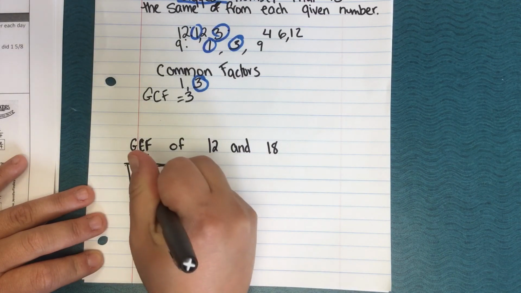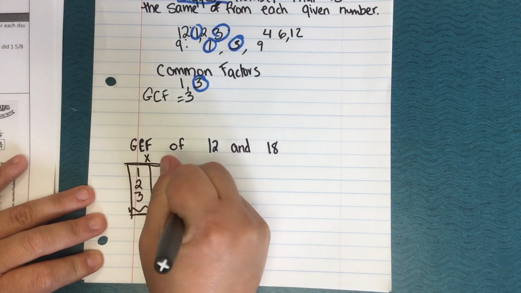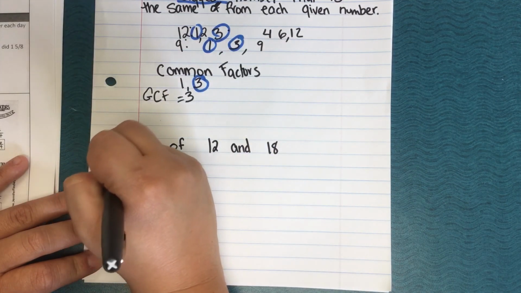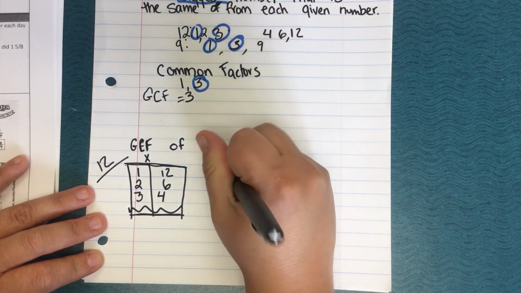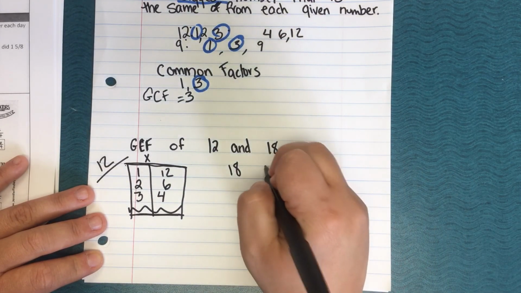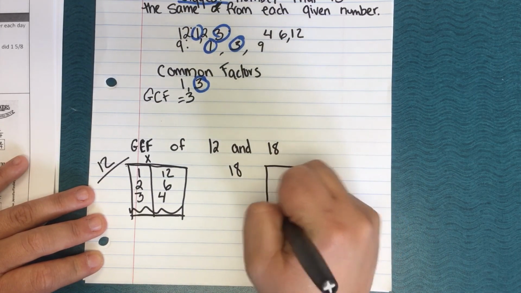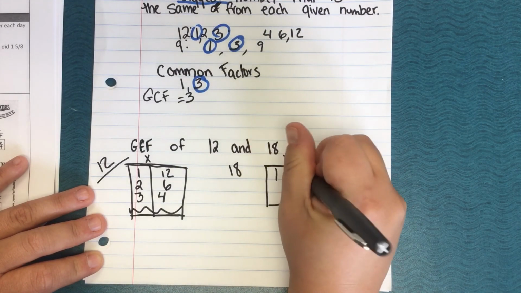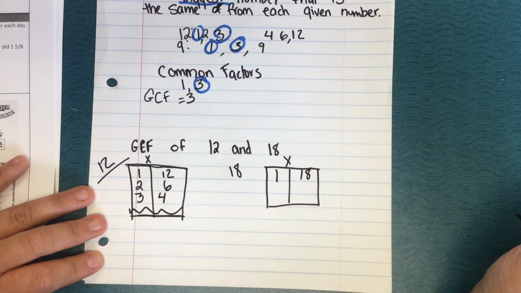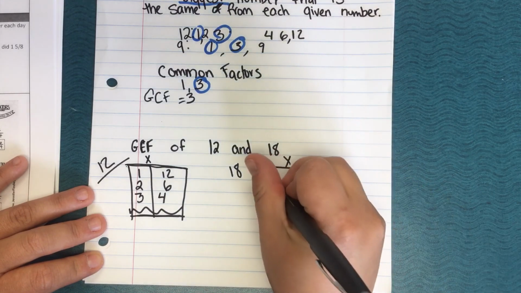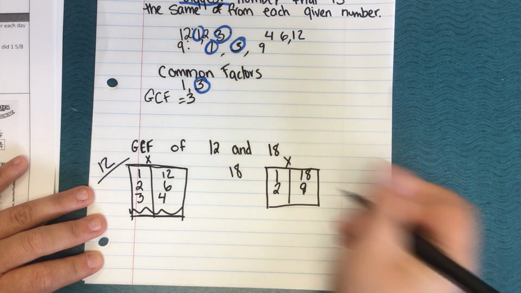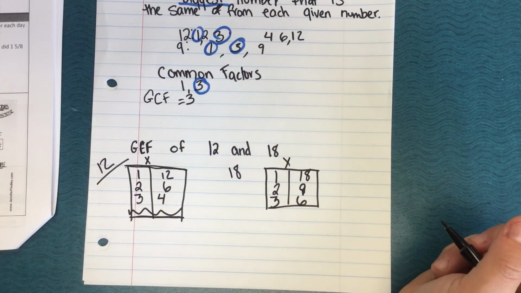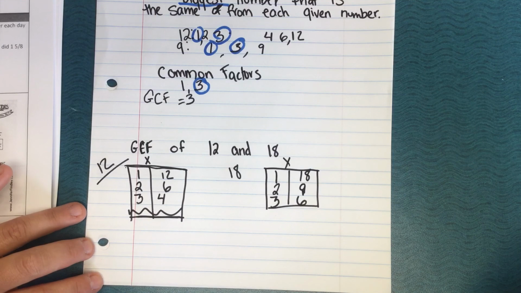Also, 3 times 4 gives me 12. I don't need that last box there. This is for 12. For 18, 1 times 18 equals 18. 2 times 9 equals 18. Also, 3 times 6 equals 18.